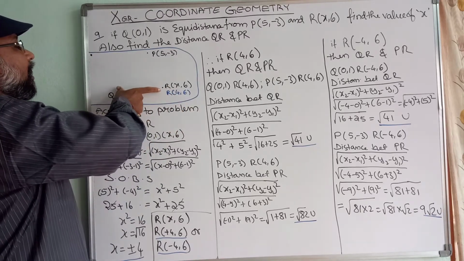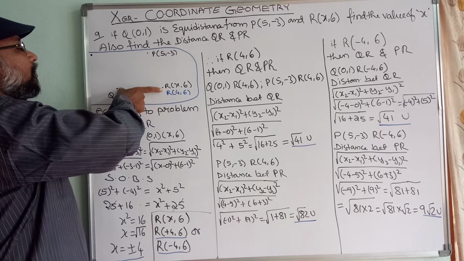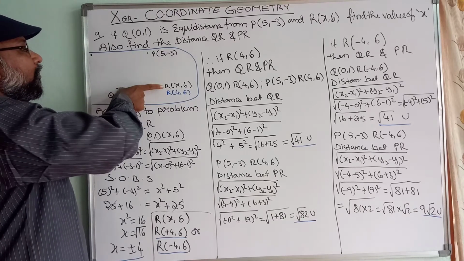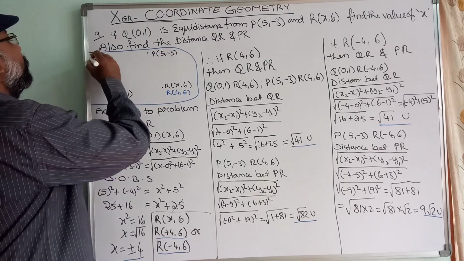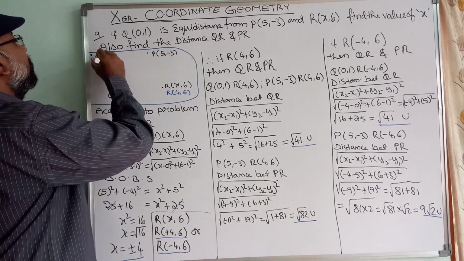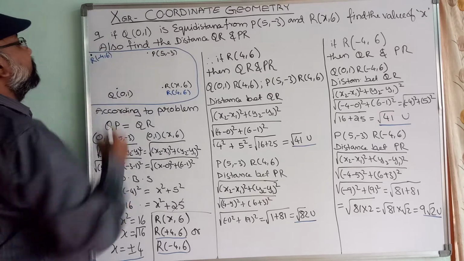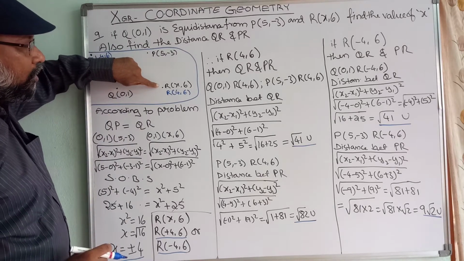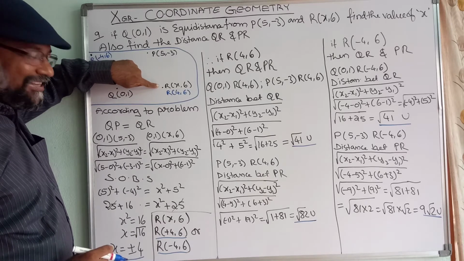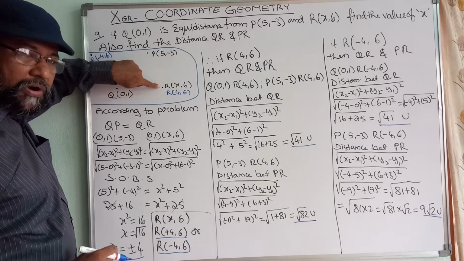That means QR and QP are there. QR may be here or may be here. Therefore, R may be here at (-4, 6). I have taken this one as (4, 6), which will be in the first quadrant.